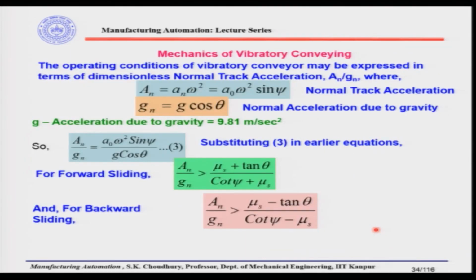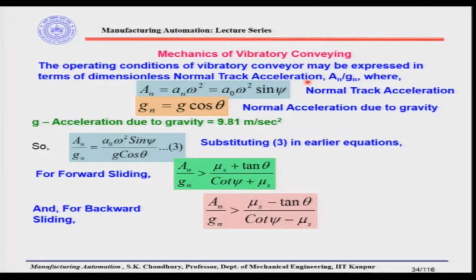The operating condition of a vibratory conveyor, including the bowl feeder, may be expressed in terms of dimensionless normal track acceleration, which is a convenient way of expressing the operating condition. Let us say the normal track acceleration is an by gn.